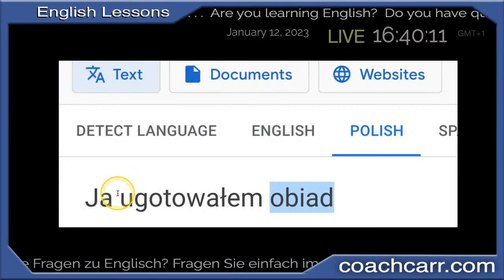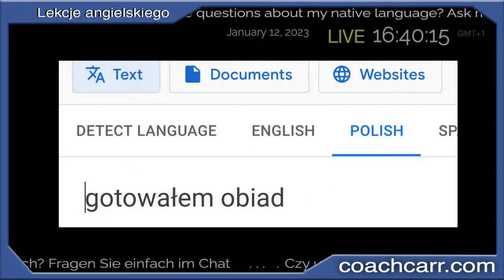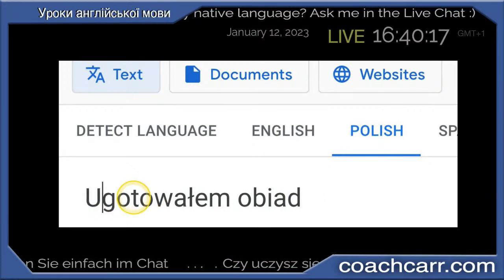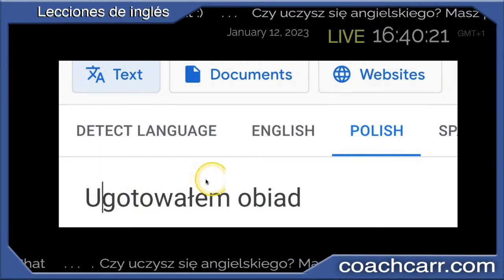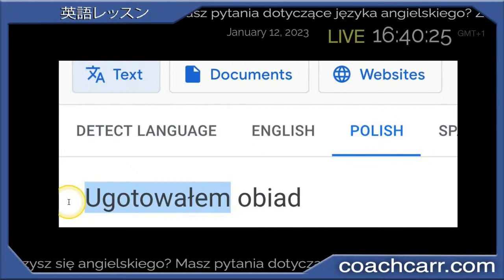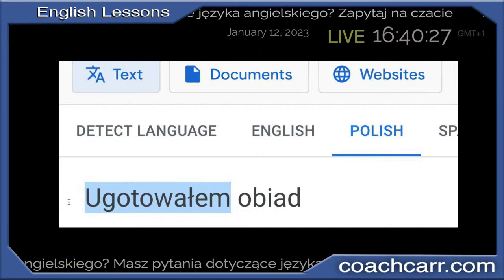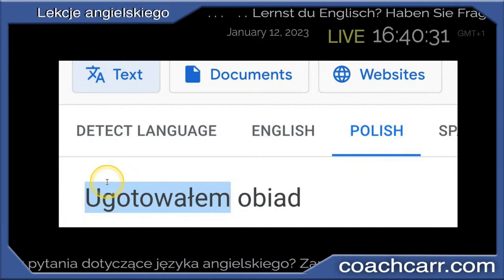Although, of course, in Polish, the subject, the pronoun, is like built in to the verb. So all of this here, this is like the subject and the verb. But it works just like SVO.